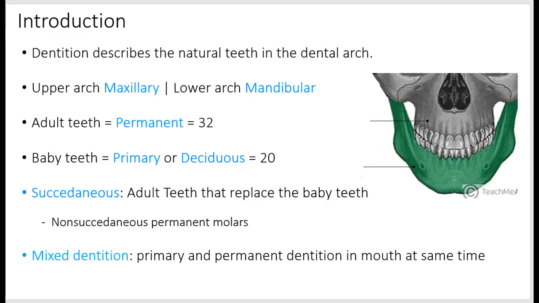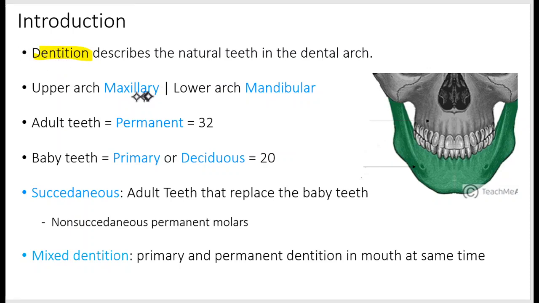Okay, so this is something that we talked about before, but it's always good to have an introduction. Definitely you know that dentition is what we call the natural teeth in the dental arch. So we say primary dentition and permanent dentition, and what we mean is all the teeth that are in the arch.